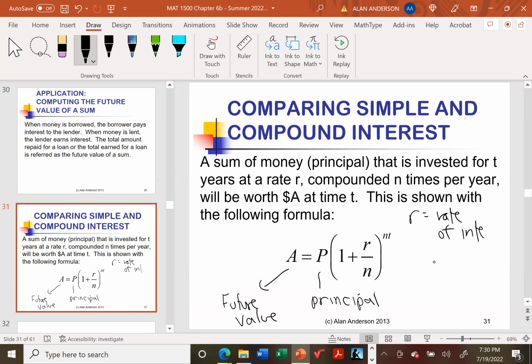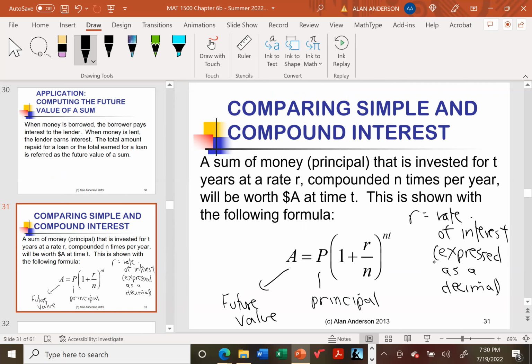Now, by convention, in an algebraic formula like this, you're going to want to make sure this is expressed as a decimal, not as a percentage. Otherwise, you're going to get the wrong answer. Normally interest rates are expressed on an annual basis.